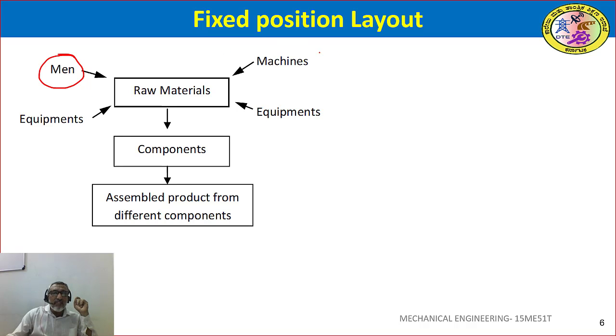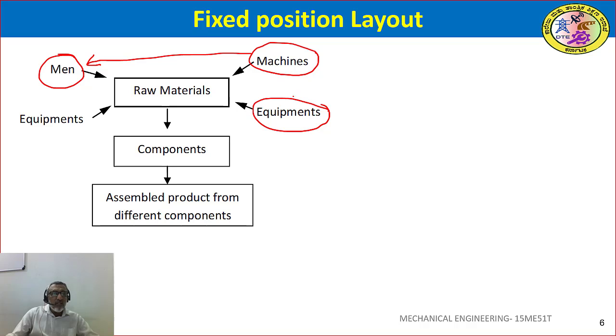And all the machines that we are taking are not huge sophisticated machines. They are small general purpose machines. So because of the general purpose machines, the level of skill required by the workers is high. Even all the equipment which is moved is small in size, so that huge equipment movement is reduced as far as possible.